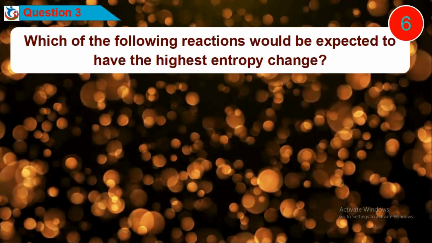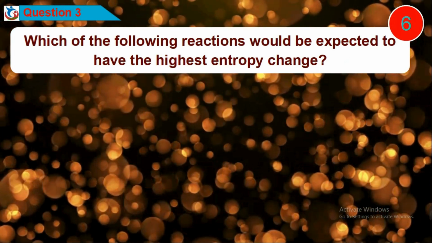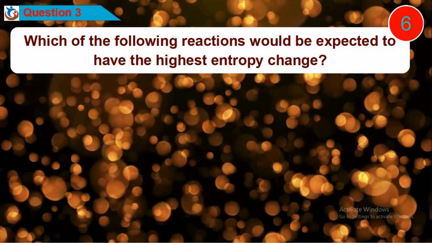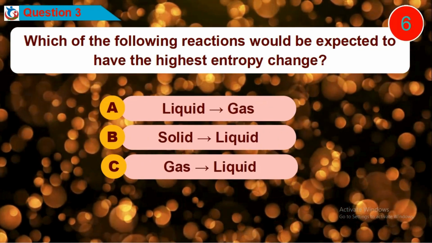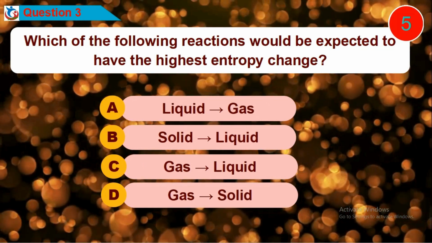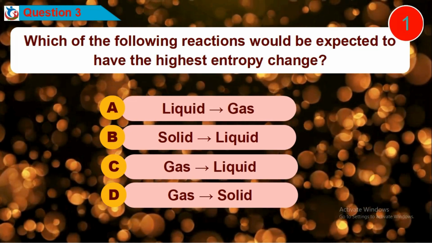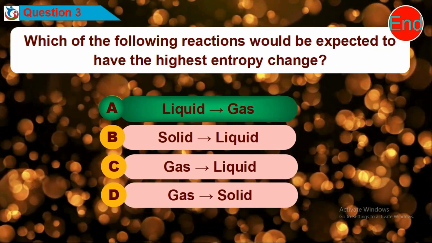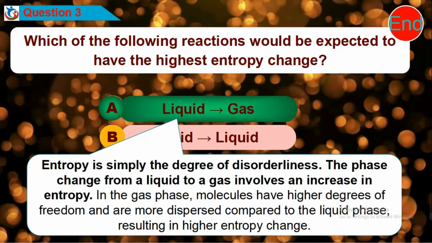Question 3. Which of the following reactions would be expected to have the highest entropy change? Is it option A, B, C, or D? Entropy is simply the degree of disorderliness.